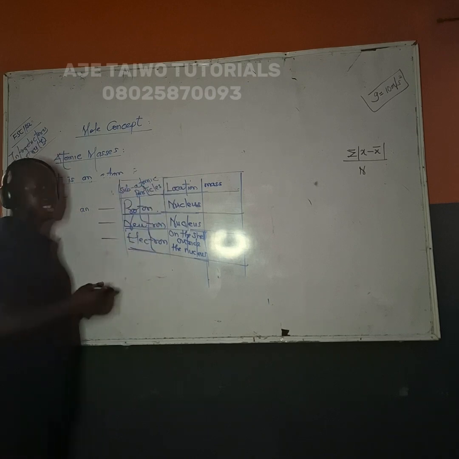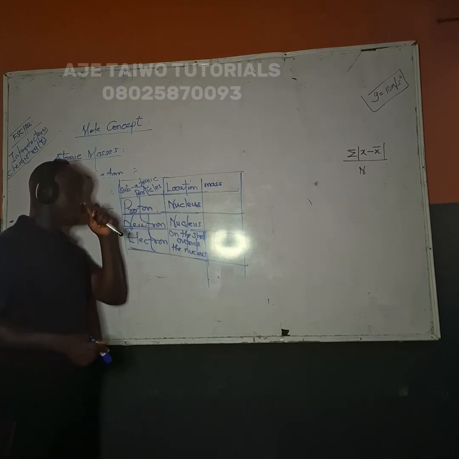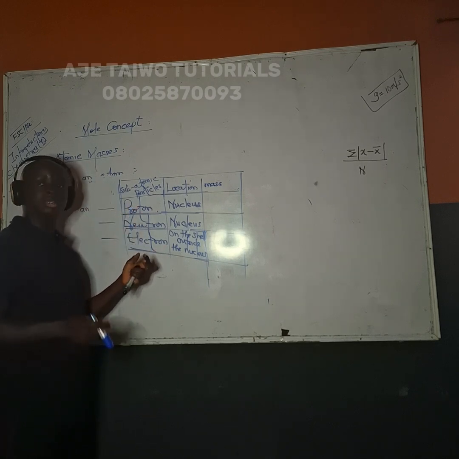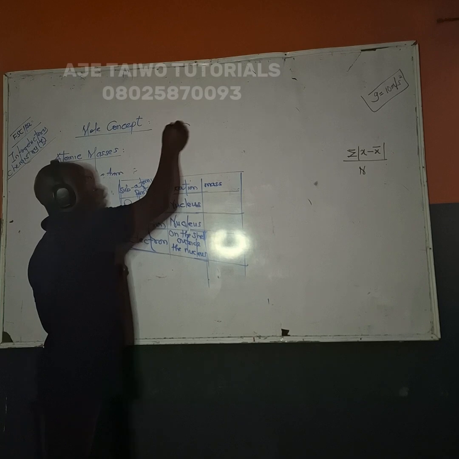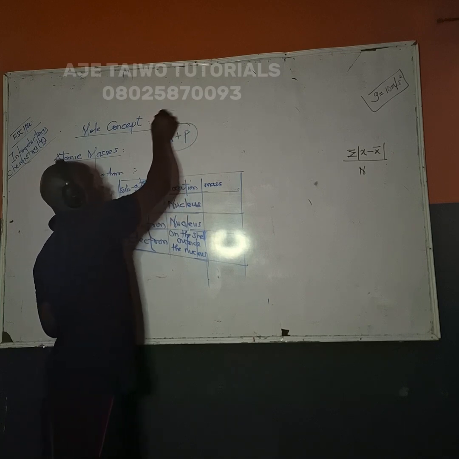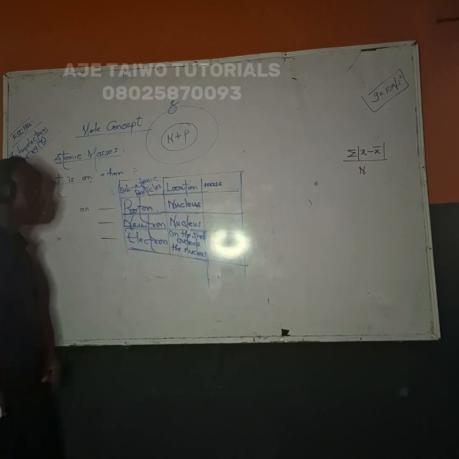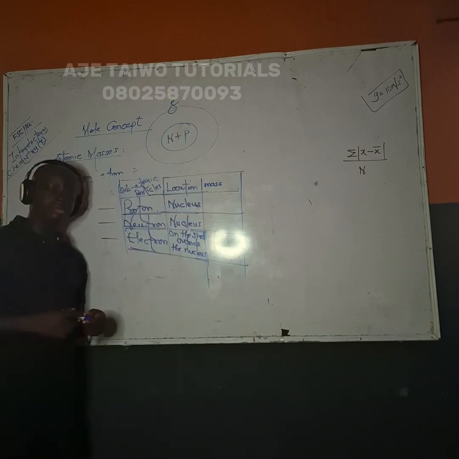Atoms are divided into proton, neutron, and what? Electron. Proton and neutron are inside the nucleus of the atom. Electrons are found outside the nucleus of the atom, or say on the shell.